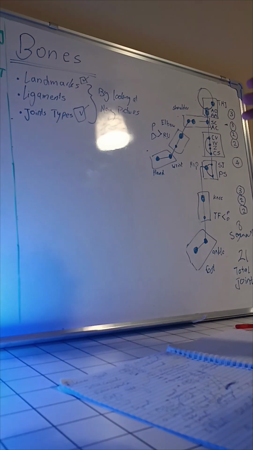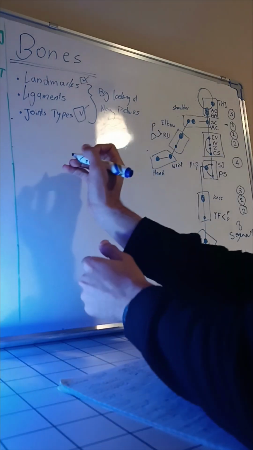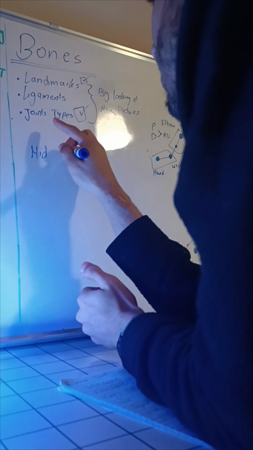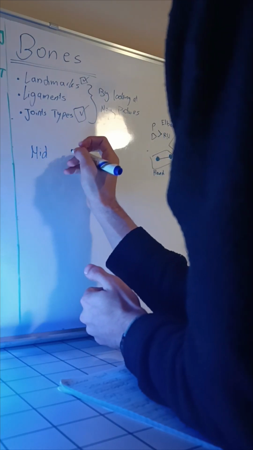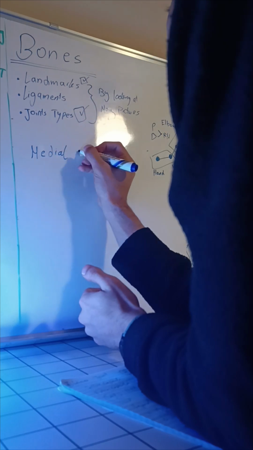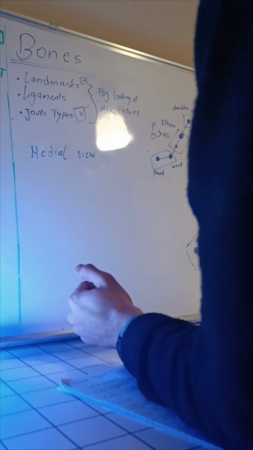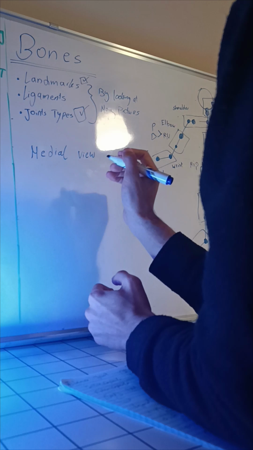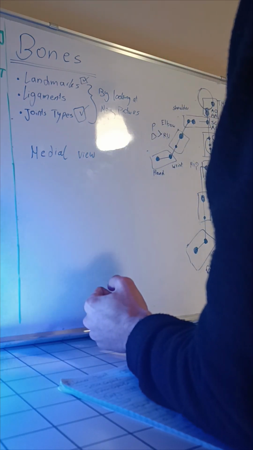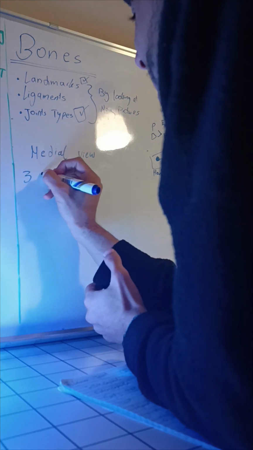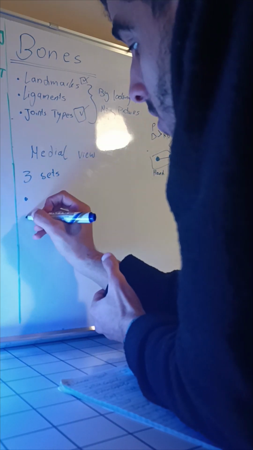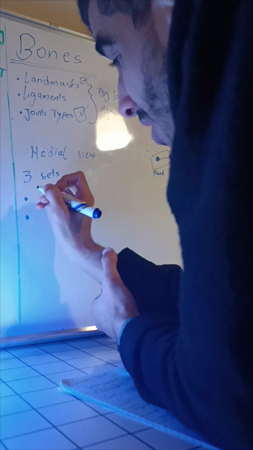When it comes to the ligaments, we can divide them into those found on the medial view, where you're going to have three sets. Just a rule: the tibia and the fibula.